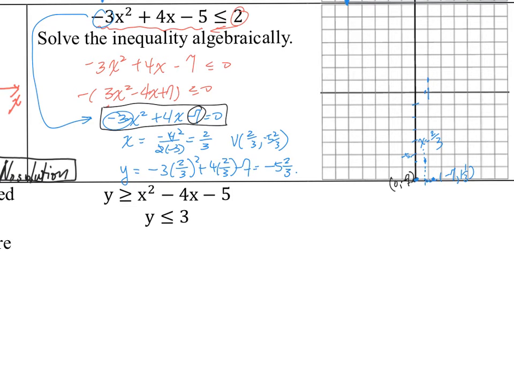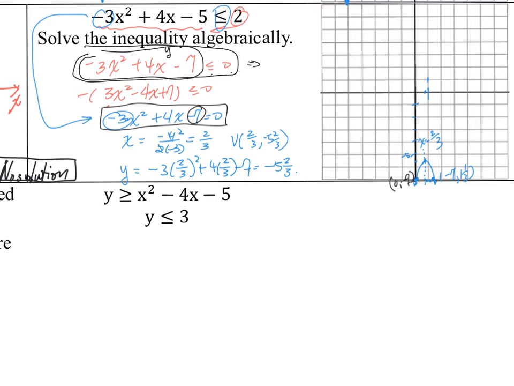Because this is a less than or equal sign, our boundary should be solid. Now we need to look back at the quadratic inequality. Let's refer to this one because we want to set it to less than or equal to 0. So this part could be considered y.